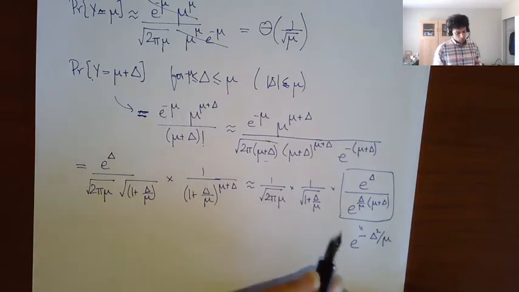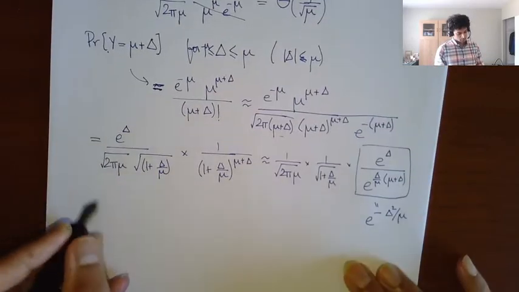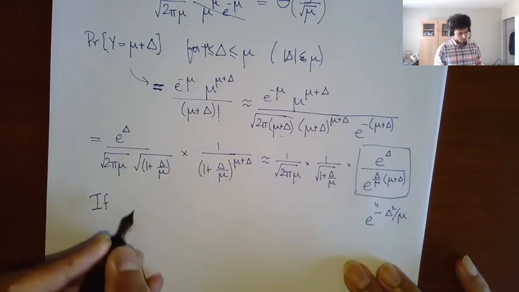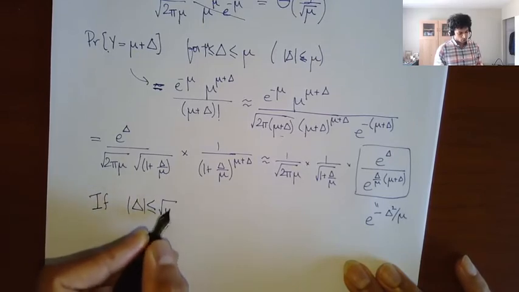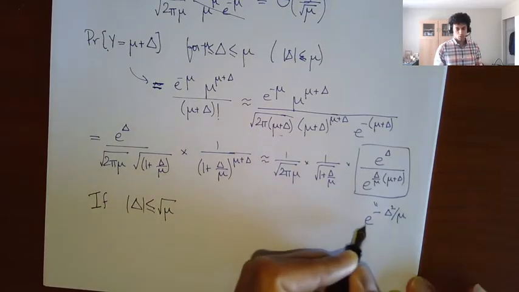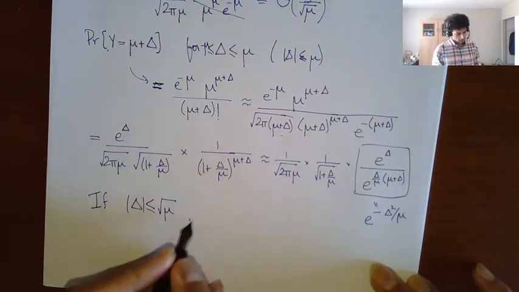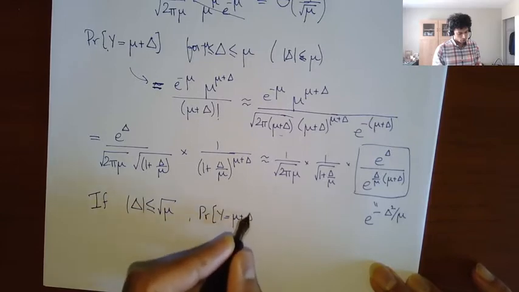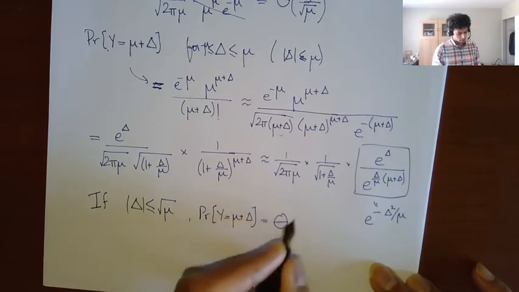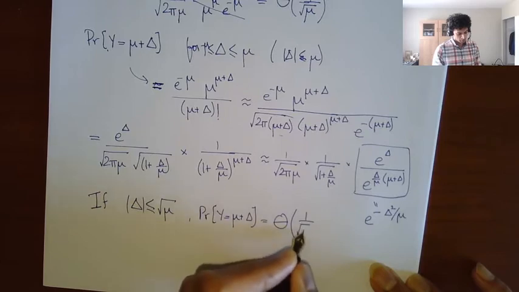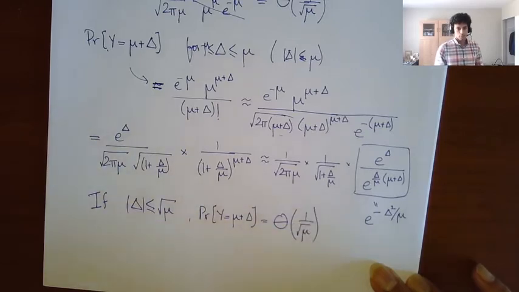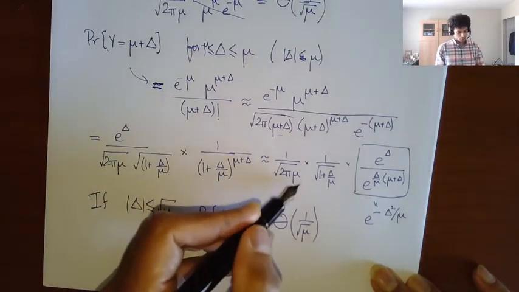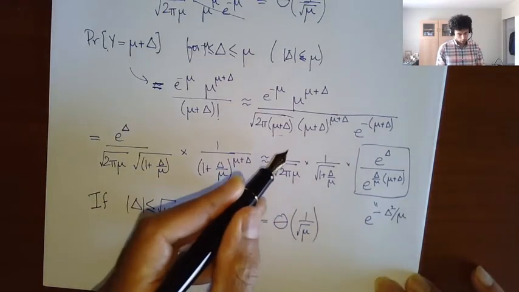And so what you get by this is if delta is less than square root of mu, then this quantity is going to be at most a constant. Then the probability that y is equal to mu plus delta is again going to be theta of 1 divided by square root of mu. Because if delta is less than square root mu, you get this dominant term.